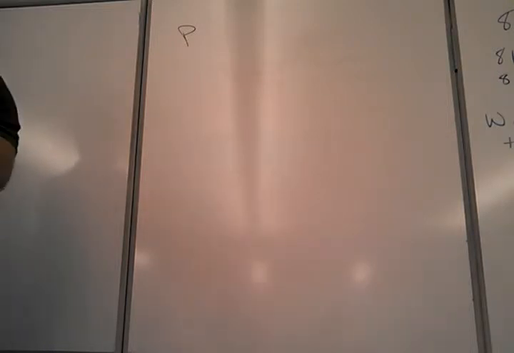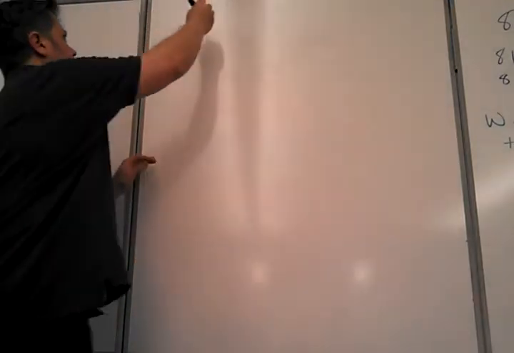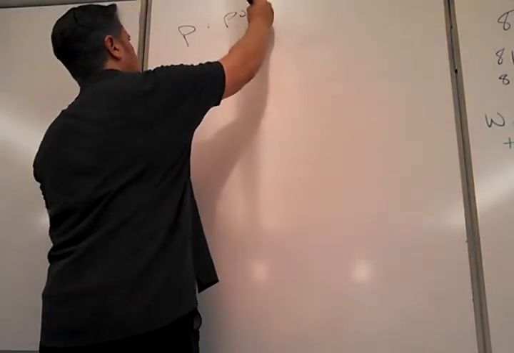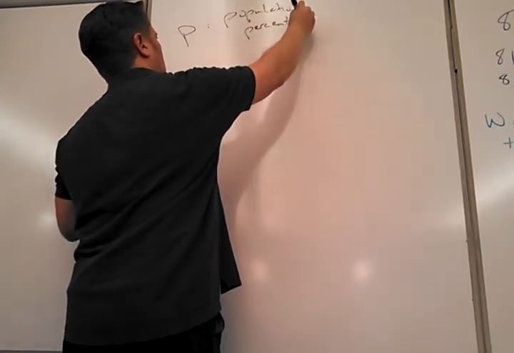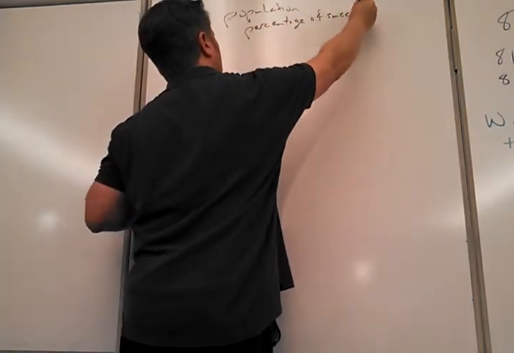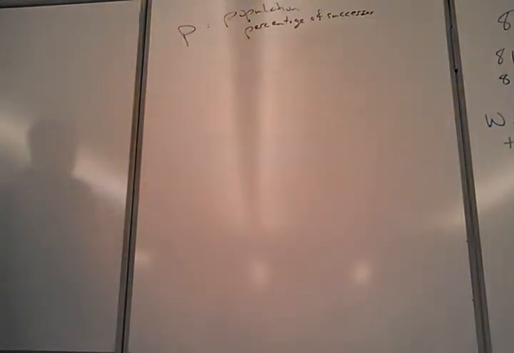Success probability for a population. That was never really stated before fully. But like I said, 11% of Americans are left-handed. That was the entire population I was talking about. So P represents the population percentage of success.